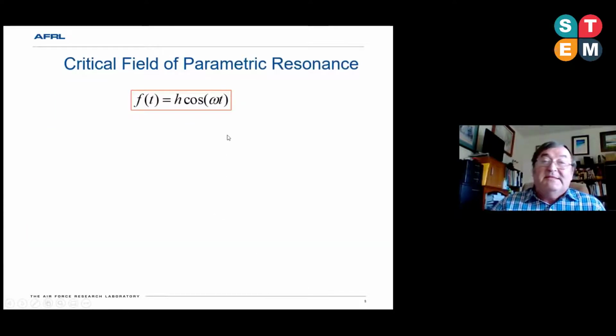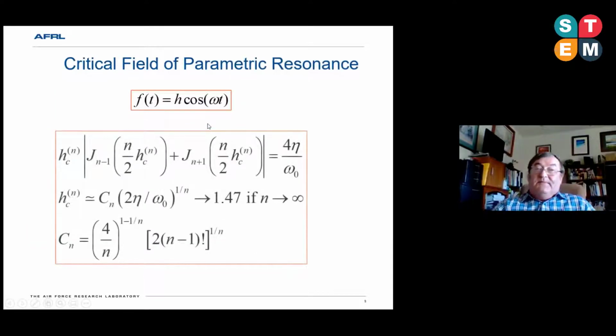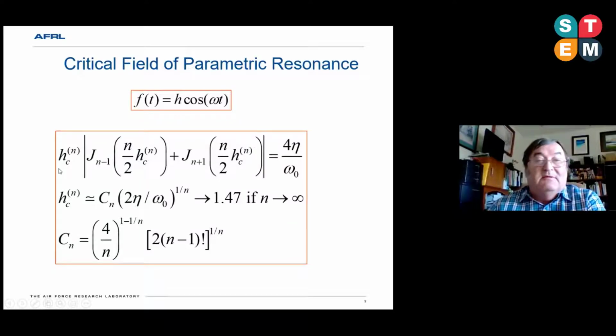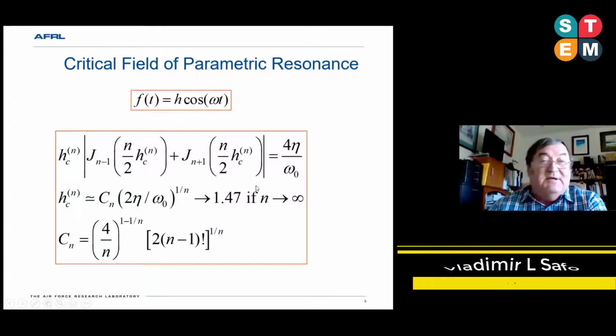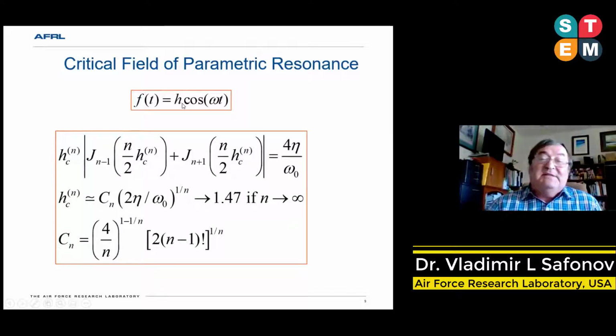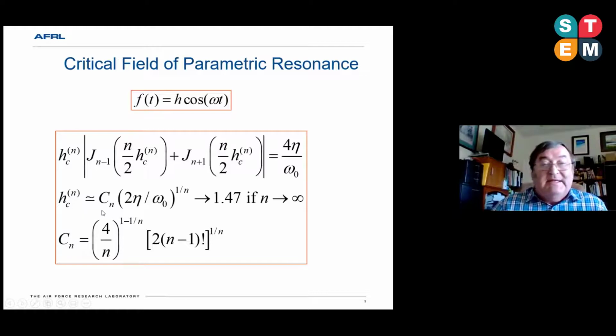And say for harmonic modulation of the frequency, we can immediately write this equation for the threshold field when parametric resonance starts, and approximately this threshold for any n can be described by this simple formula.